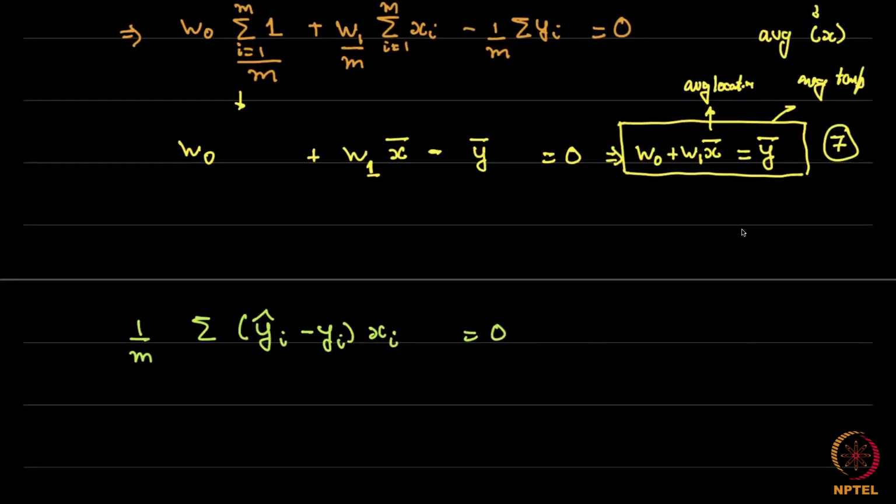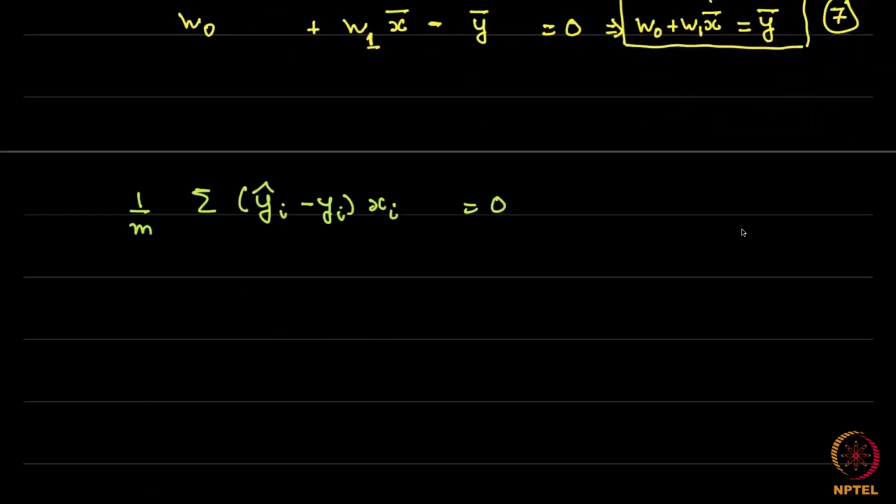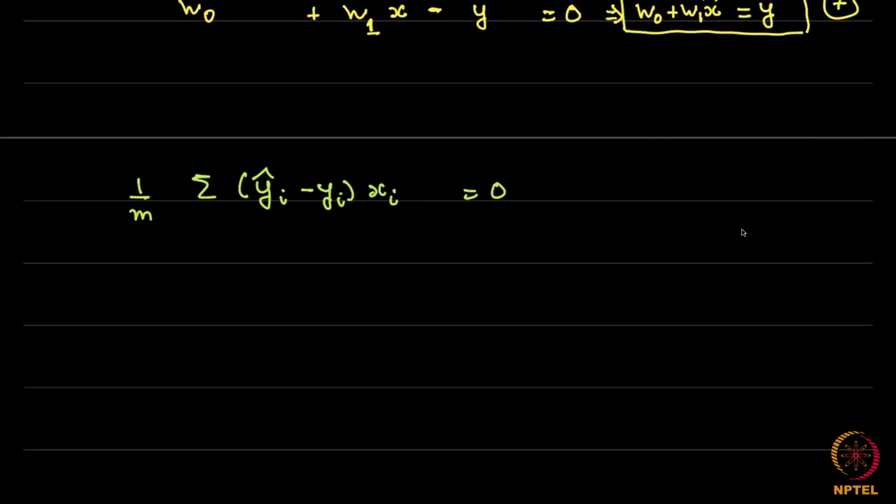So you can see it is exactly the same as the previous equation, but like I said, it has a weighting here, xi. Okay, so we will open this up. Y hat i is w0 plus w1 xi, minus yi, multiplied by xi, sigma. I'm going to drop the 1 to m just for keeping our notation a little bit compact.